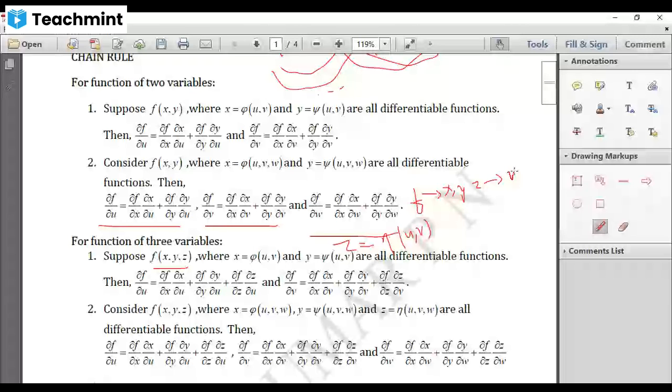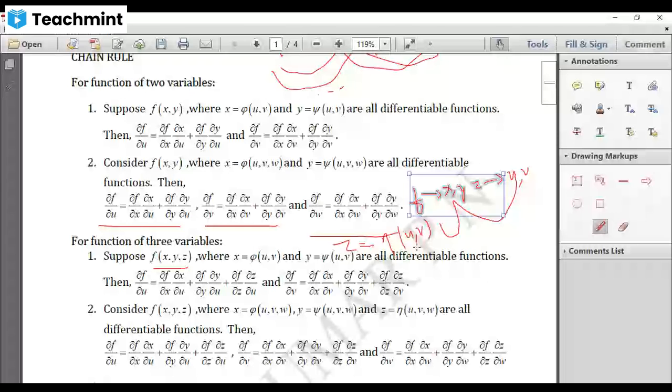How are you going to differentiate this? As usual, same method. Your independent variables are only u and v. All others are dependent on them. So that's why you have to differentiate with respect to u and v. So dou f by dou u is equal to dou f by dou x into dou x by dou u. That gives you the first one.